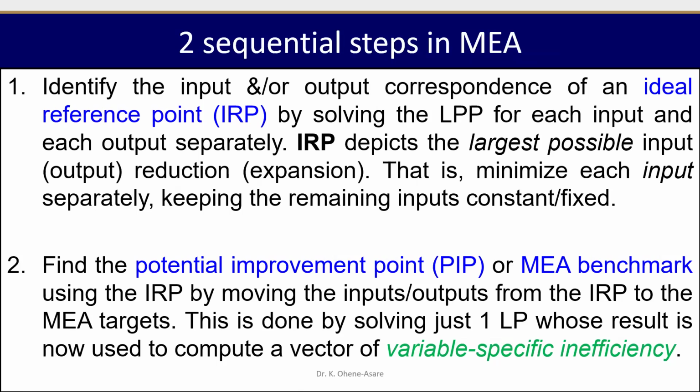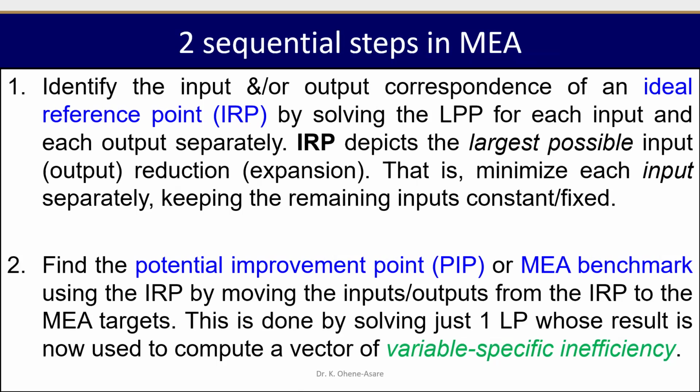Okay, so if you read the last line, it's saying that you minimize each input separately, keeping the remaining inputs constant. So let's say you have x1, x2, x3. When you get to x1, the calculation allows you to minimize x1 to its lowest point possible. And that's what we are calling the ideal point. That's the ideal reference point.